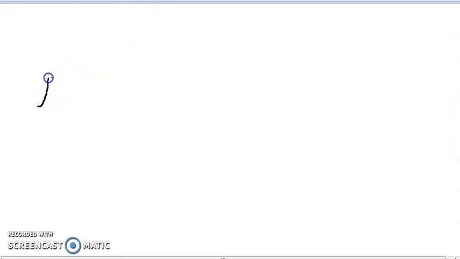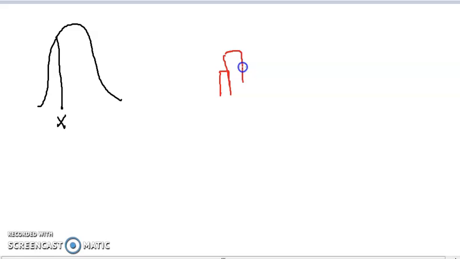Suppose we have a bell-shaped graph, and let's say we have x here. And remember, for binomial, because it's discrete, you will have those bars everywhere. And at x, if we draw a bar, that's the probability. So we draw a bar that's going to look like this.